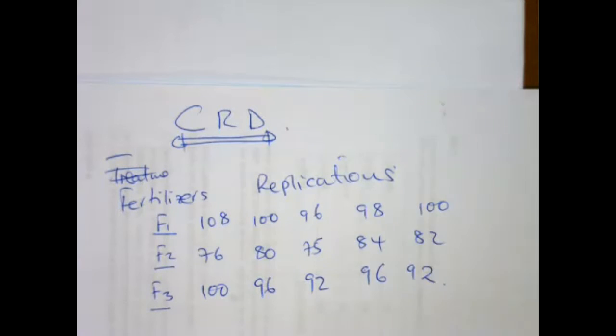These are the tomatoes at the terminal harvest point. There was harvest at different intervals, but at the end of the experiment we collect tomatoes at the terminal point, where we are no longer going to collect any tomatoes after that period.